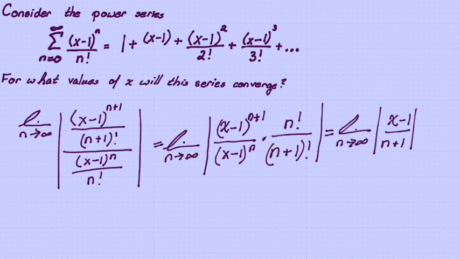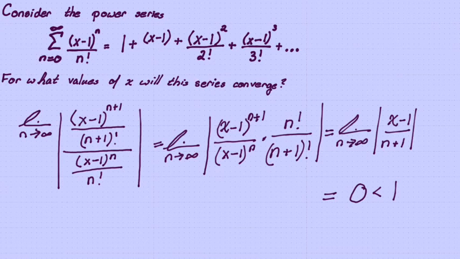Now, I send n to infinity. x can be whatever I want, but once I decide what it is, it needs to stay put. So I have some number that's not changing over something going to infinity. So this whole thing equals 0. Again, hot take, that's less than 1.